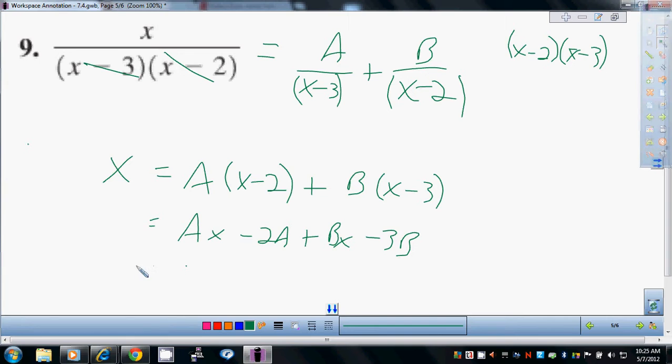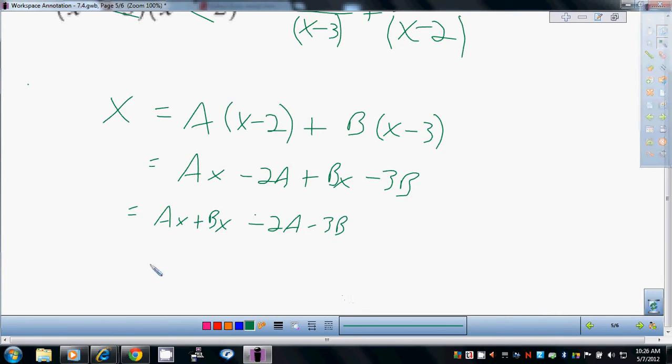So we just need to put our pieces together. If I factor out an x, that's a plus b. See how I have a positive a, positive b. You know what? Let me put it like this, make it a little easier for some people to follow. ax plus bx, I'm just going to write them with their like kind. Minus 2a minus 3b. Now, what can I factor out of the first two? An x. Nothing factors out of the second one.